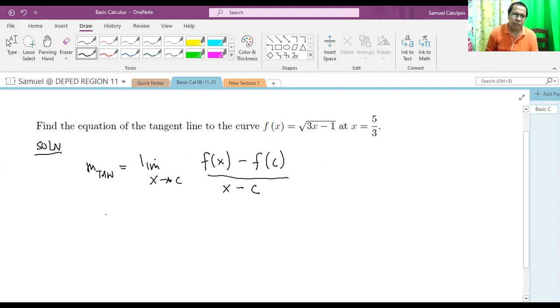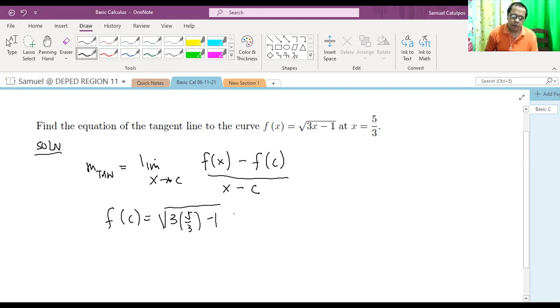Okay, so kung saan na to si function of c. Your function of c is just substituting the value of kaning x nimo, x is equal to 5 over 3. We can assume that your kaning si x mo na siya si c, no? So therefore you have square root of 3, then you have 5 over 3 minus 1.